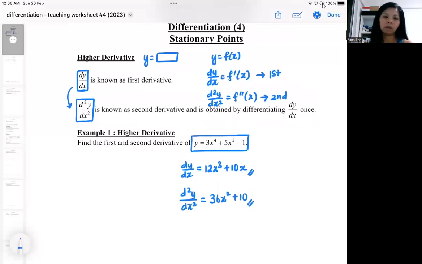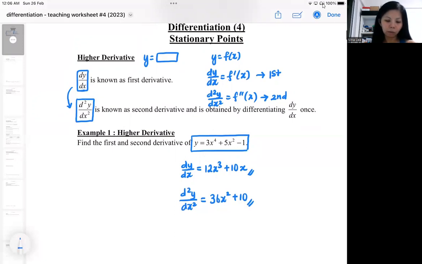Okay, so this is the basic notation first. Of course, it's not so easy to get the second derivative if your first derivative is already difficult. Sometimes even your first derivative, you might need a product rule or a quotient rule. So if your first derivative is already difficult, sometimes the second derivative is even worse. So what will be the use of the first derivative and second derivative?